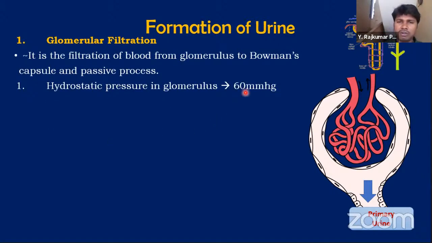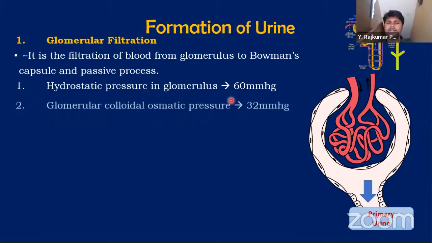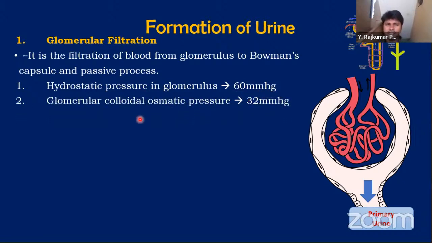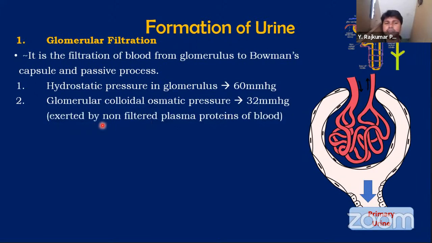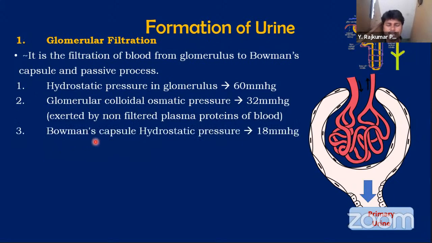It is because of the hydrostatic pressure present in the glomerulus and the vessels. In the glomerulus, we can see 60 mmHg, and glomerular colloidal osmotic pressure is 32 mmHg, exerted by the non-filtered plasma proteins of the blood. And Bowman's capsule also has hydrostatic pressure, which is 18 mmHg.